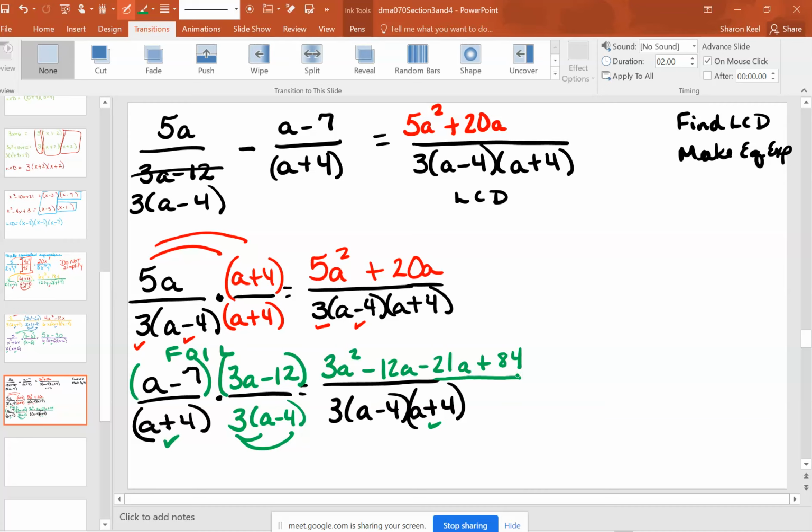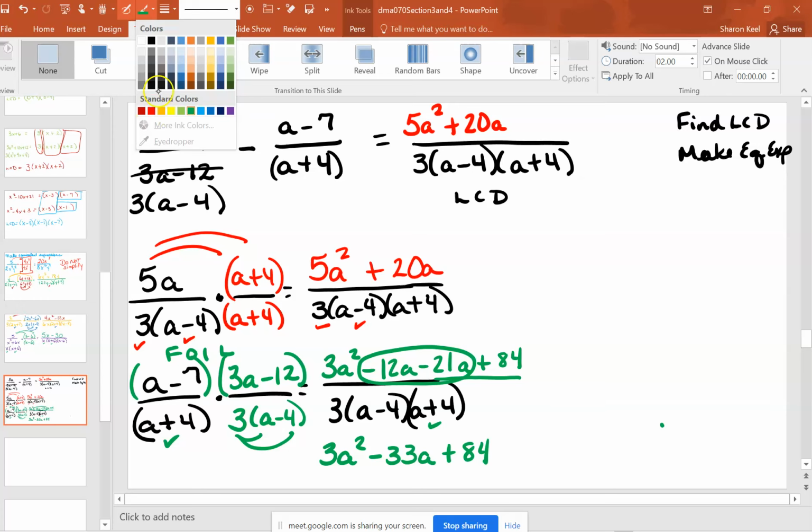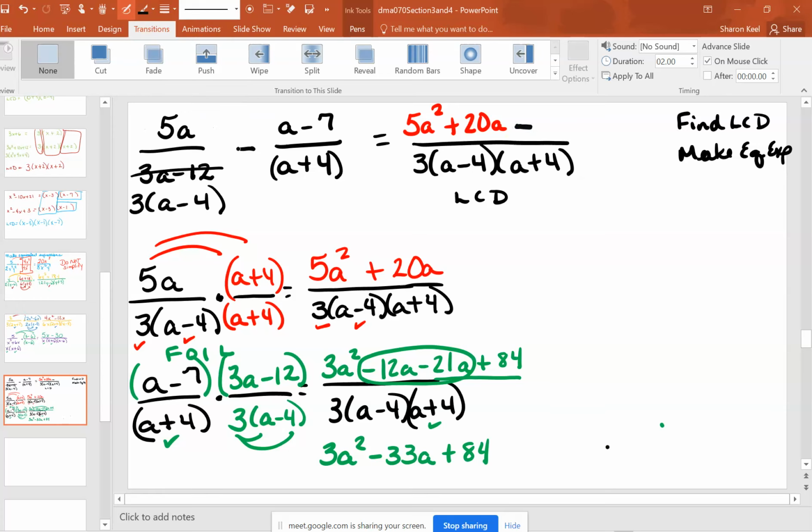I'm not completely finished. I don't want to leave all that out. I'm going to combine some like terms. So when I combine these two like terms, I have 3a squared minus 33a plus 84. So this becomes, okay, now let me write this back. Do you see here in the middle where we have that minus? That minus is still there.